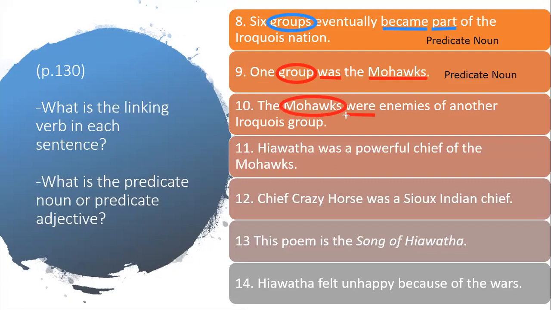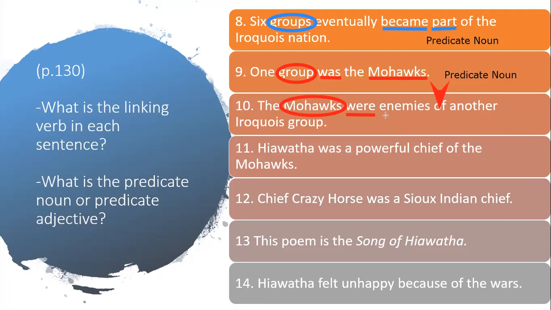And then we look for words, either a noun or pronoun or an adjective in the predicate side that either rename or describe the subject. And because you guys are so super smart, I know that you identified the preposition of, which means that words after the preposition cannot be the predicate noun or the predicate adjective.